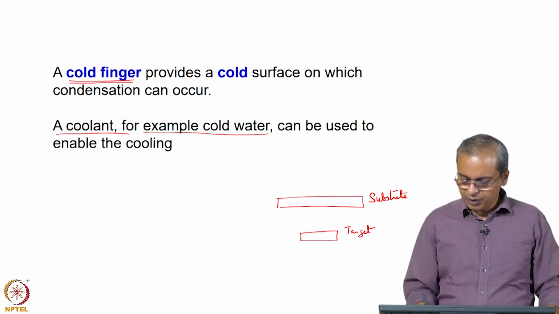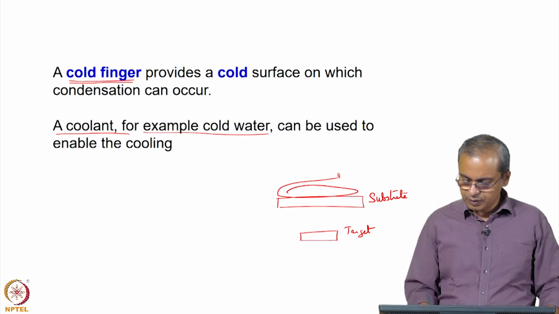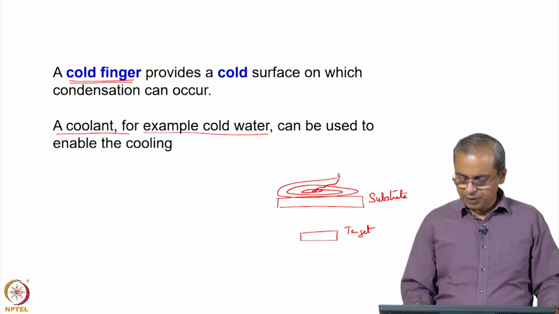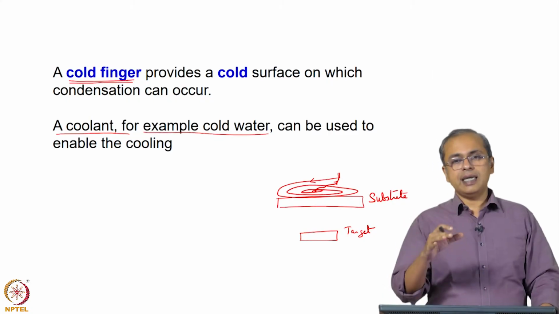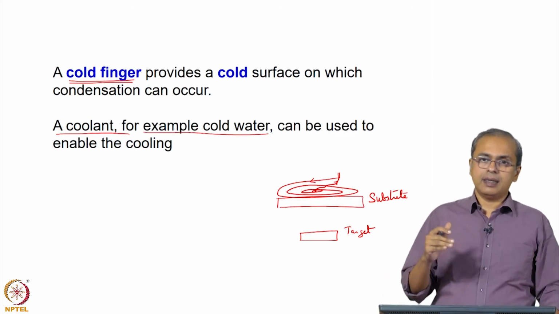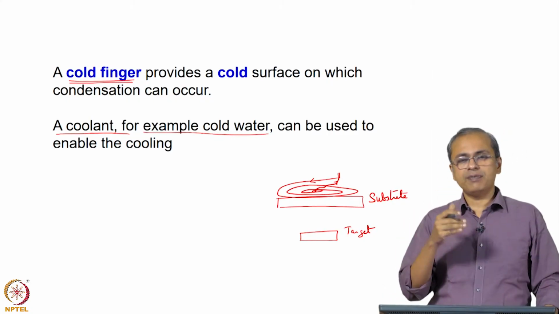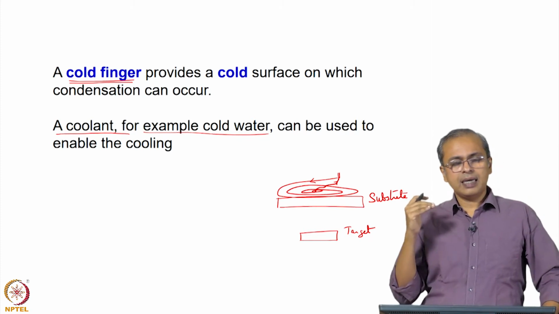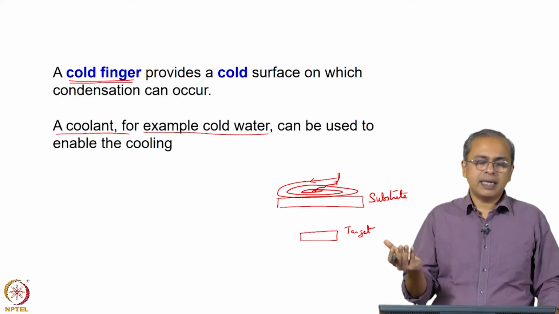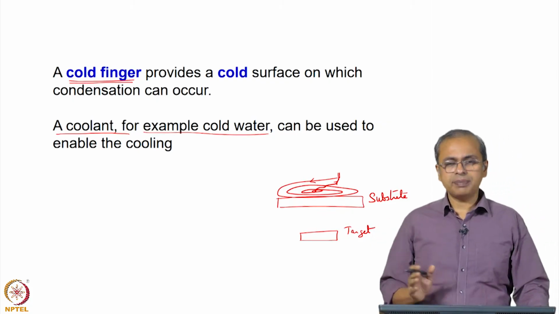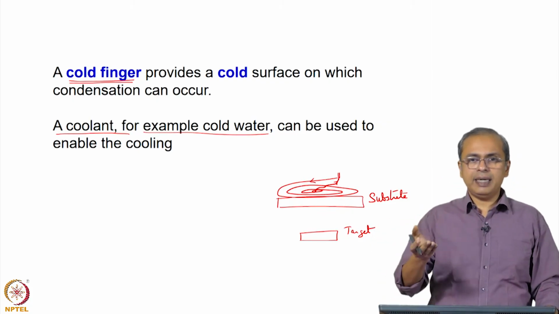So in the chamber you will have some pipe which does this loop and goes out, and you send some cold water in this and it just comes out this way and then finds its way out. So this way you can cool the substrate and keep it at a much colder temperature, and you can maintain the temperature. More specifically, you can confidently say that all of the condensation happened at let us say 5 degrees centigrade, something like that. You can say that and you can maintain that.